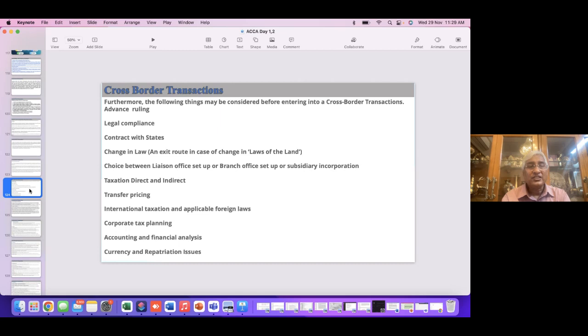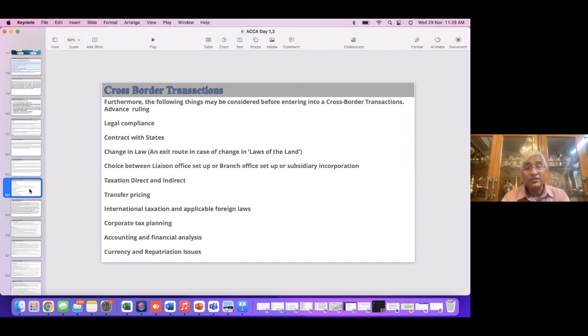Now in cross-border transactions, the following things may be considered before entering into them. Advance ruling, legal compliances, contract with states, because different countries may have bilateral agreements on tax treaties which are existing. Change in law, and an exit route in case of change in the law of the land.